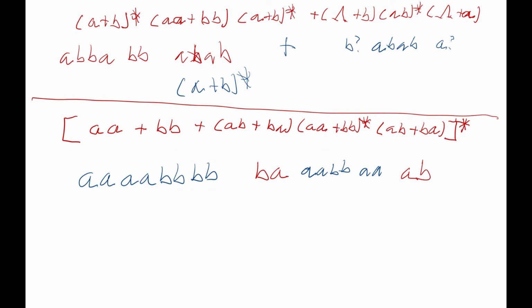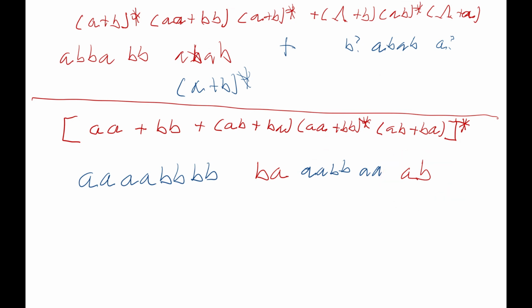But what happens when we choose this part right here? Now we've got an odd number of A's and an odd number of B's. So now instead of having an even number of A's and B's, we're at odd, okay? But this right here is going to put us back in balance, back into the even column.